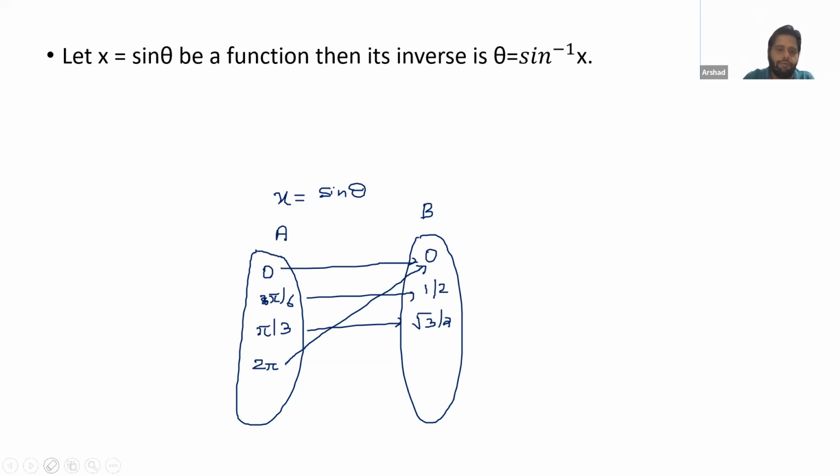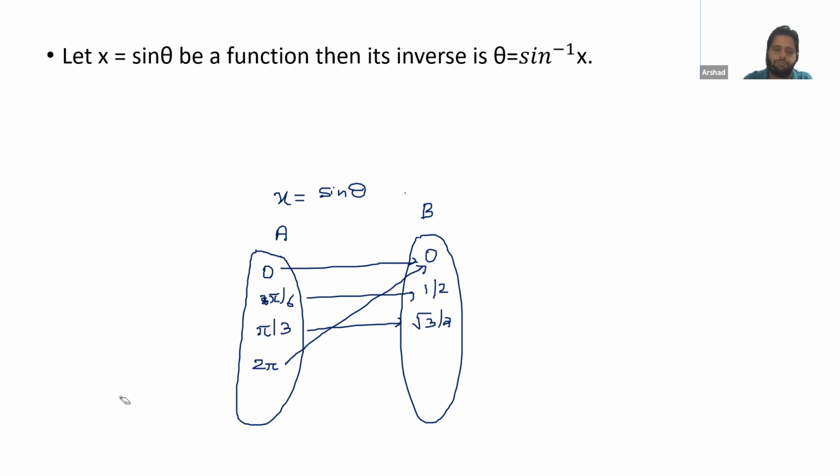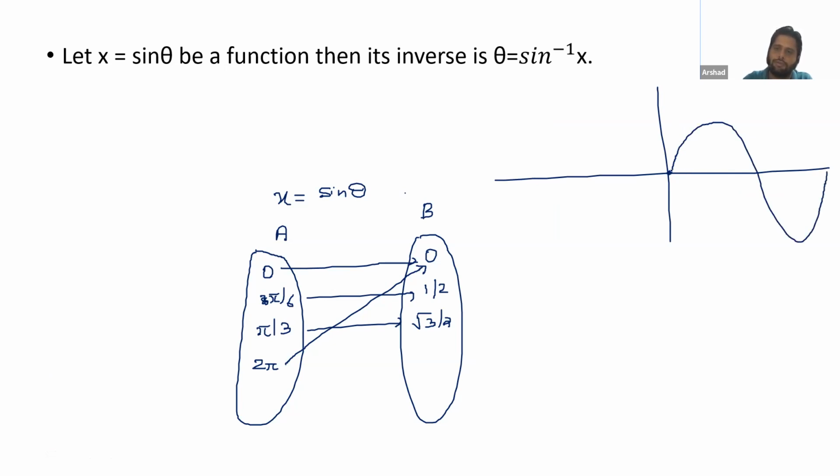If we draw the graph of the sine function, the graph will be like this. Here you have 0.